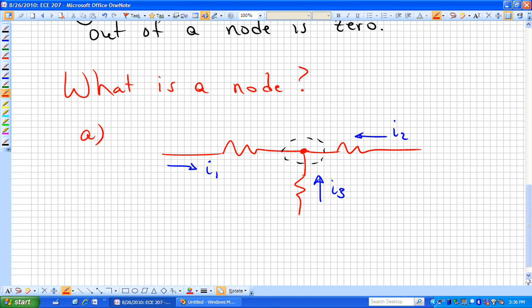The way that I've sketched this, all of the currents are defined coming into the node, which means in this particular case, KCL simply says that I1 plus I2 plus I sub 3 must equal 0.